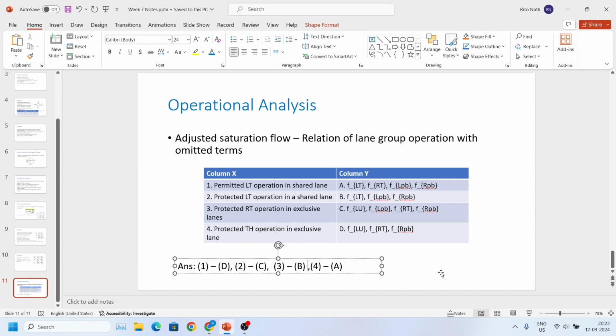Okay, so let's get into the next problem. Let's see what's relevant in here.